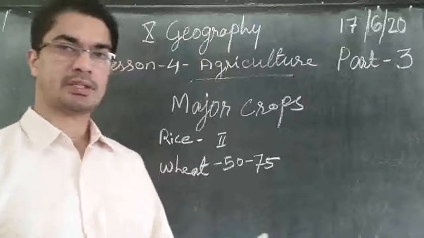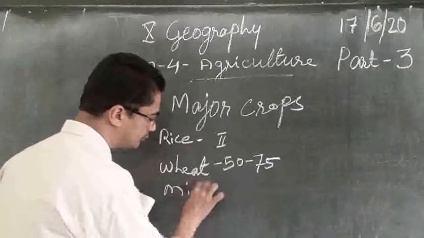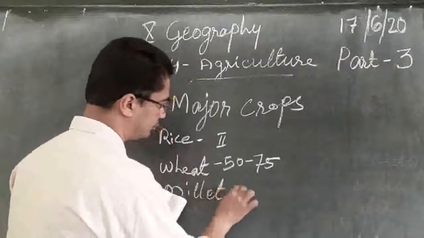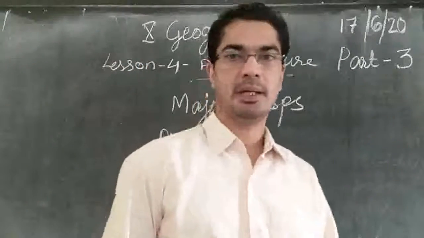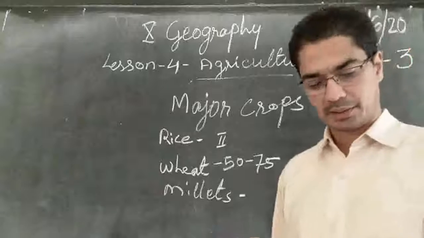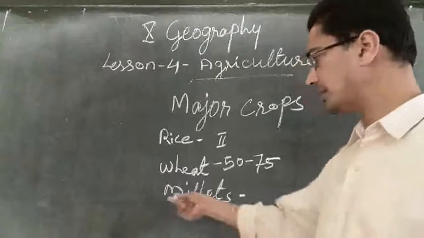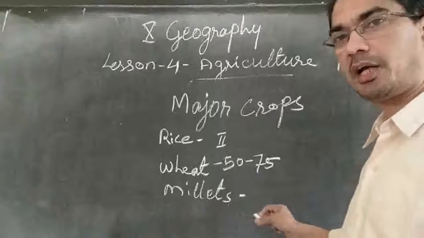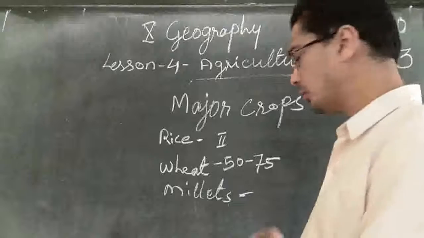Now let us see about another one, that is called millet. Another food crop is called millet. So jowar, bajra and ragi are the important millets grown in India. So millets are a common name, and under this millet there are different types of crops. What are they?